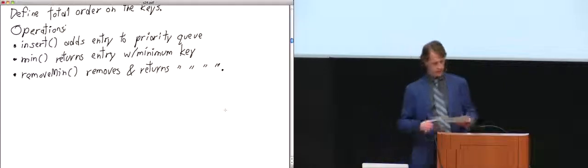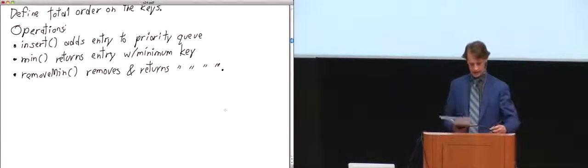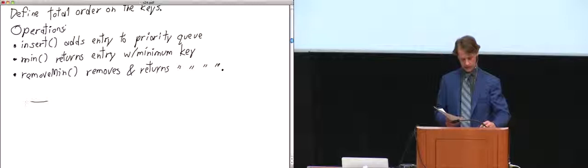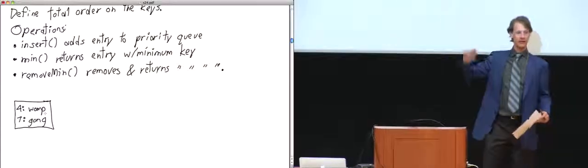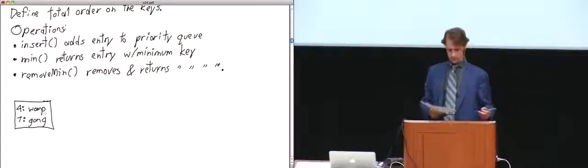So to illustrate these operations, you can think of a priority queue as sort of a box that has a bunch of things in it. And each of them has a priority, which is the number attached to that thing.